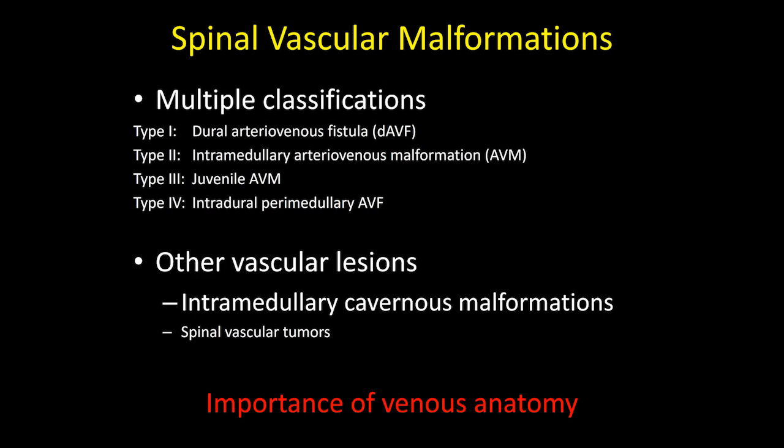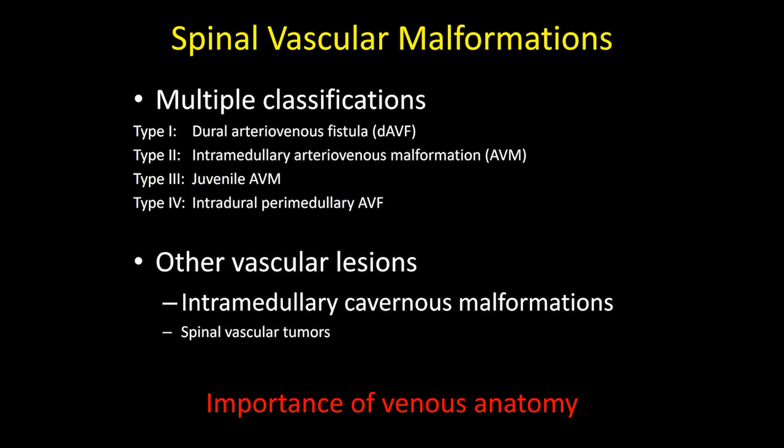Don't forget that there are also other vascular lesions in the spine, such as intramedullary cavernous malformation, and also spinal vascular tumors. The most important, by far, vascular malformation in the spine is the dural arteriovenous fistula, because it's more common, it can be readily diagnosed on cross-sectional imaging, and will have very typical features.